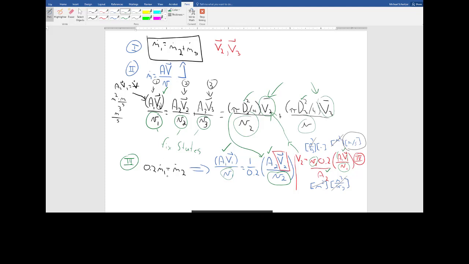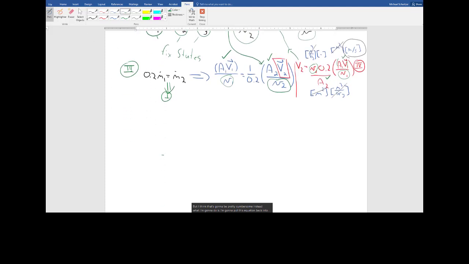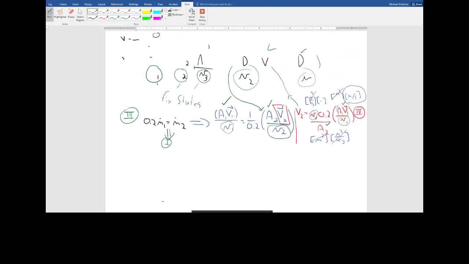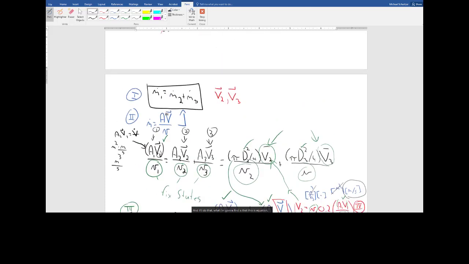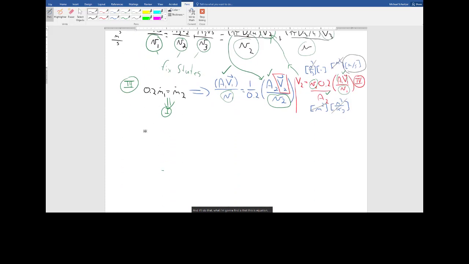Instead, what I'm going to do is put this equation back into equation 1. This is equation 1 up here, right? That's going to tell me that m dot 1 is equal to m dot 2, which is 0.2 m dot 1, plus m dot 3.